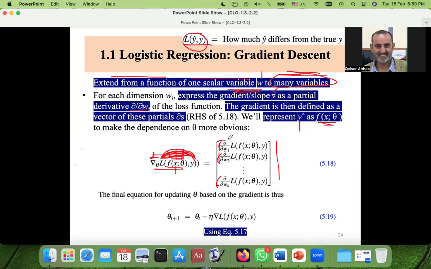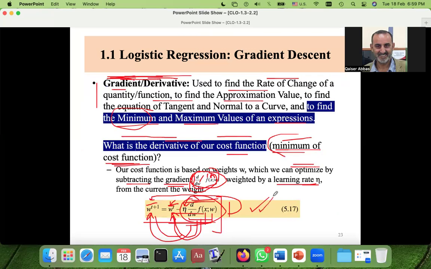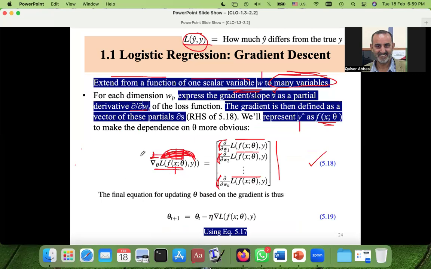This is the partial derivative of that same loss equation. In this way, we have this new equation 5.18. We started with the weight, with one input observation, and we reached here.